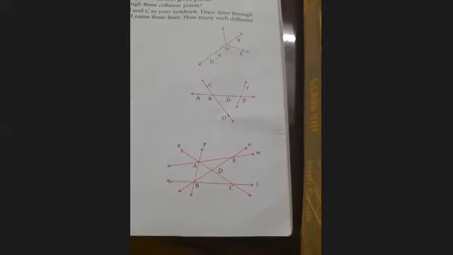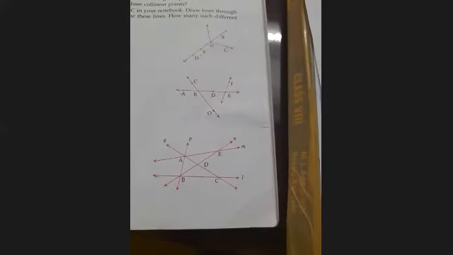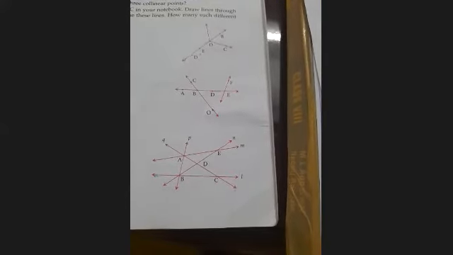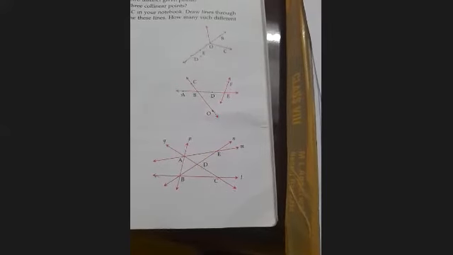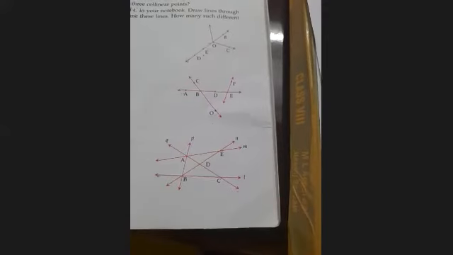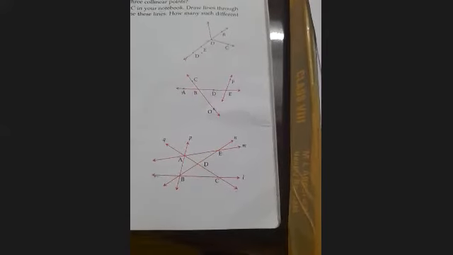Yes, students, 7th question. From the adjoining figure, write collinear points. Collinear points are those points which lie on the same line. The points which lie on the same line are known as collinear points. Now, collinear points in this figure.